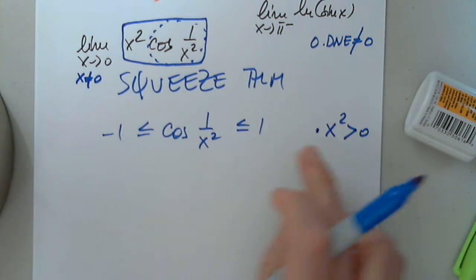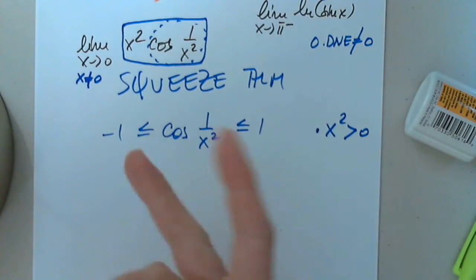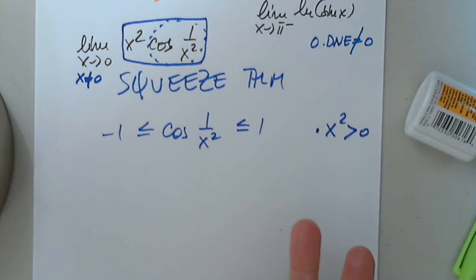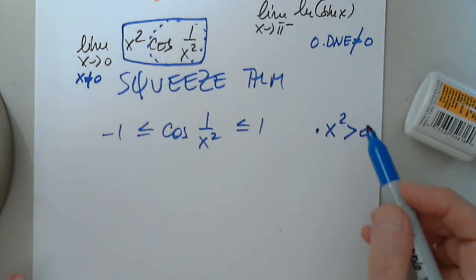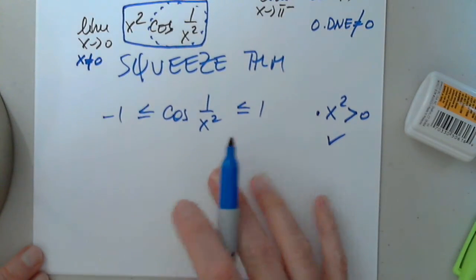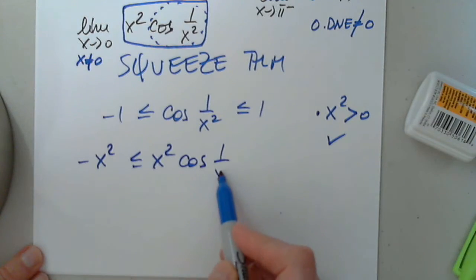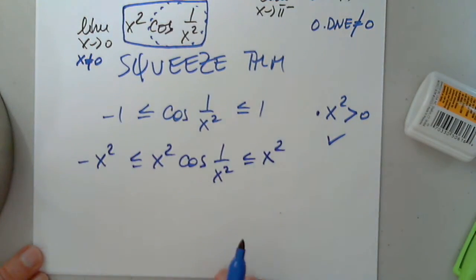Why is this important? Because if I have x cubed, this could be negative, right? So then when do I switch the symbols and when I don't? But this is okay. I'm safe. X squared is positive and it's not 0. Excellent. So negative x squared less than or equal to x squared cosine 1 over x squared less than or equal to x squared. Perfect.